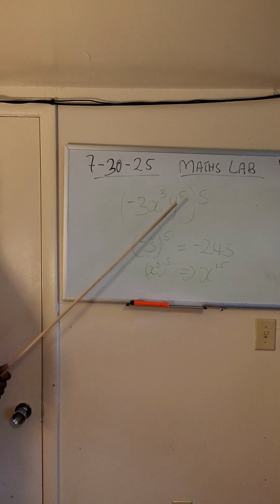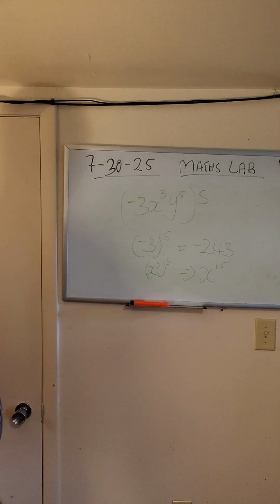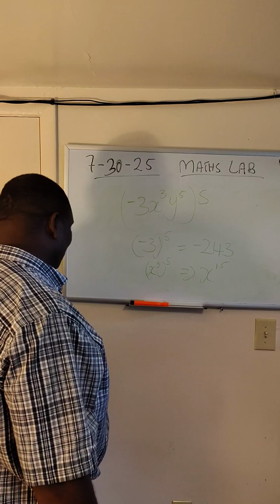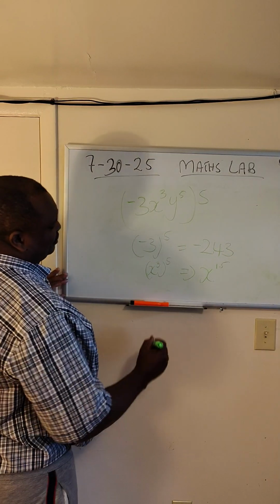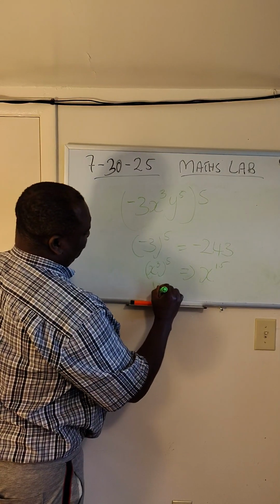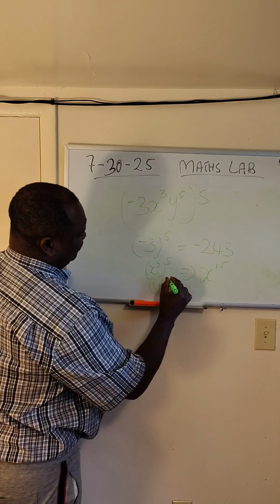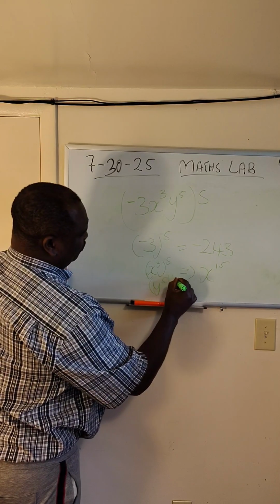Now what remains is y. We have y raised to the power of 5, which is then raised to the power of 5. We do the same thing we did earlier with x.